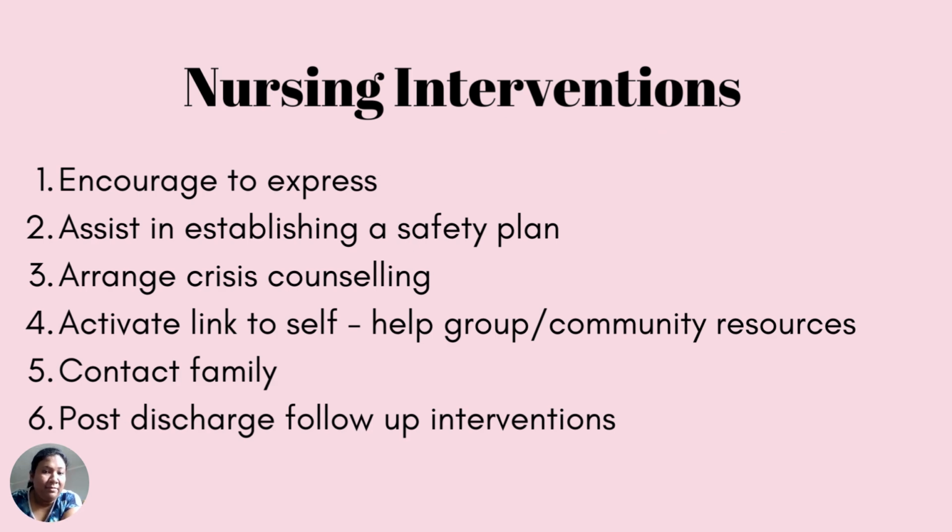And at the same time, there are also a couple of points such as encouraging the family to support this patient, and also to refer them and give as much information regarding the self-help group or anonymous group or community group that they might want to join. And at the time of discharge, make sure that the follow-up is made appropriately. All right, so these are the couple of nursing interventions that you can include in your nursing care plan.